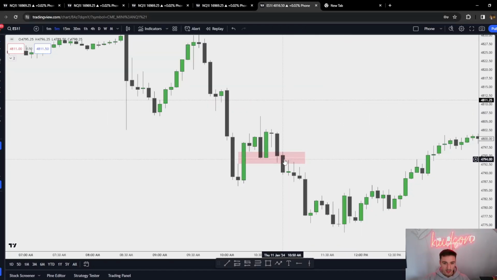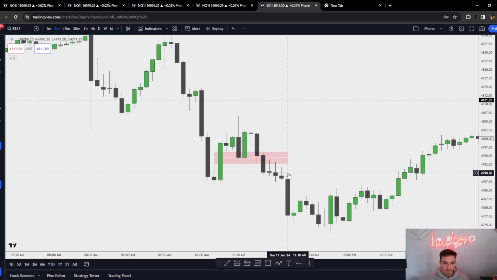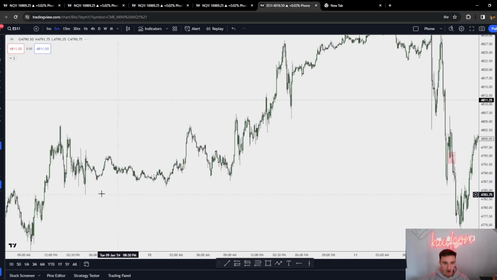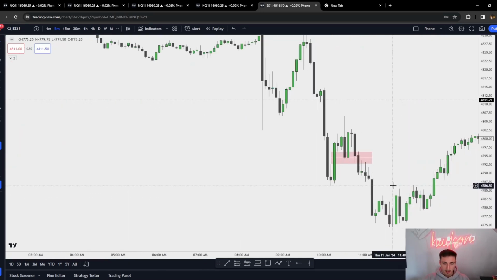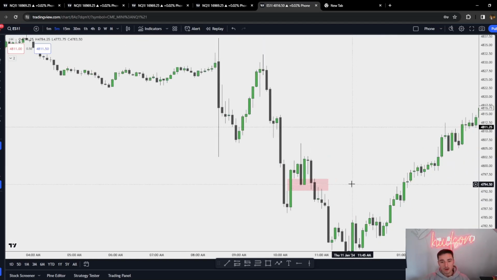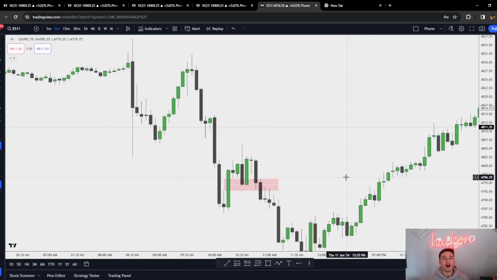But right here, when we get that closure below, I take my entry on this candle because I wanted to see the closure below. And as you see, we trade into it once, trade into it twice, and then we hit that overall draw on liquidity down here at these lows, the previous day low. So that is how you find high probability inverse fair value gaps.